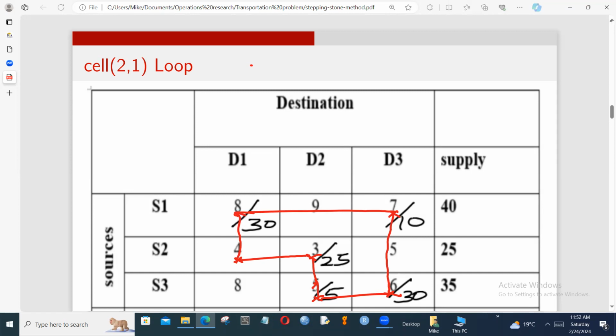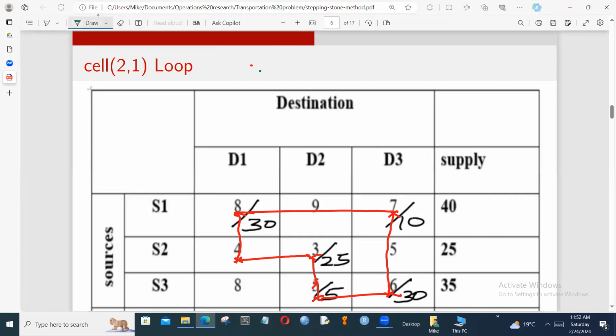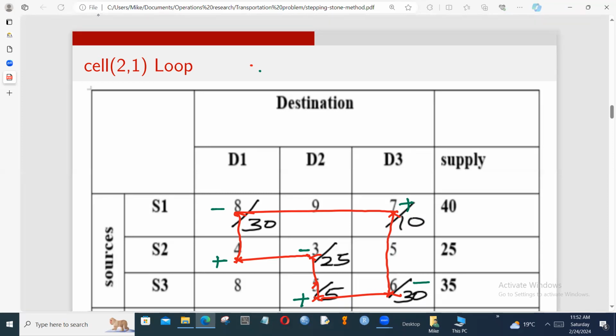So this is your starting point. If you are to assign those particular signs, the positive and negative sign alternatively, starting with this as positive, this will be negative, this will be positive, this will be negative, only at the corner points. So that's how the signs will be.